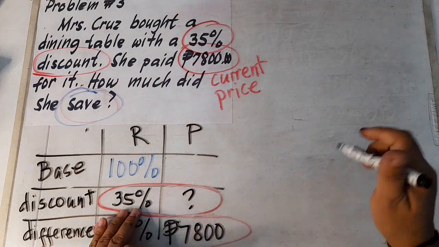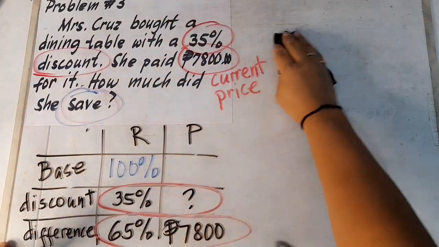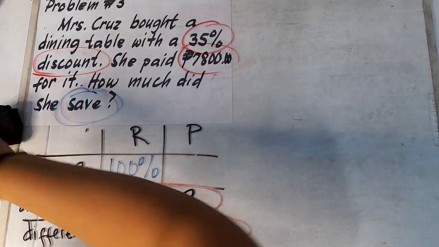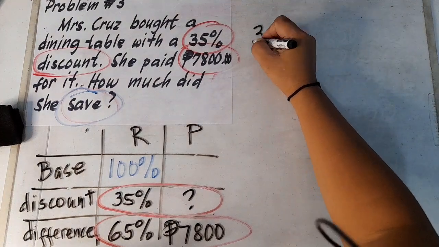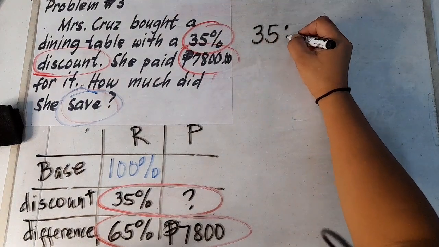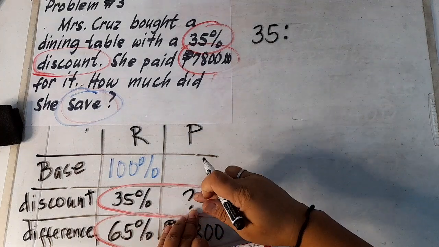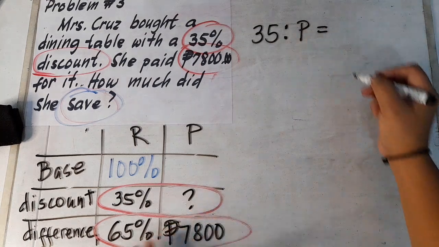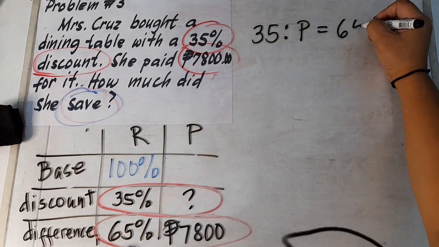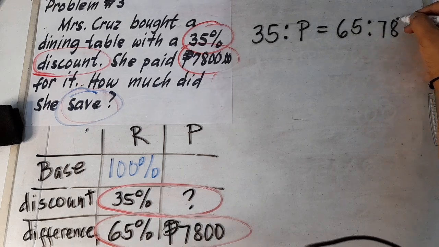We begin with 35%. Okay, purahin muna natin tong si current price dyan. Okay. So, we'll have 35. Hindi na natin isinama yung percent symbol and then question mark under P equals 65 is to 7,800.